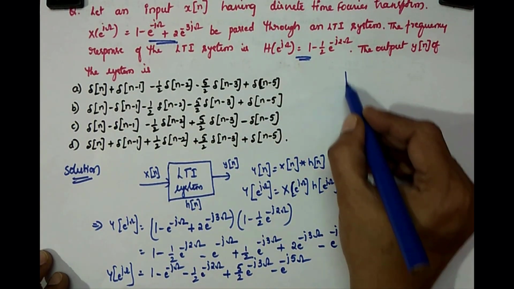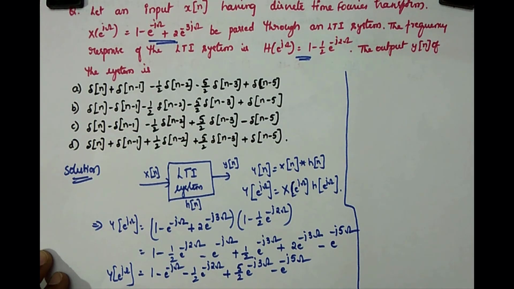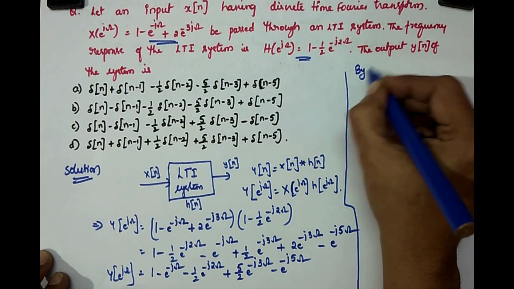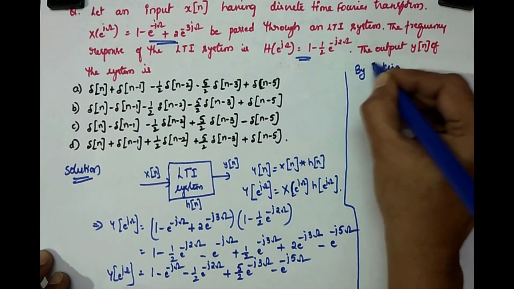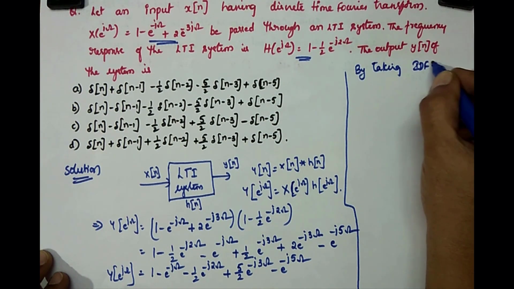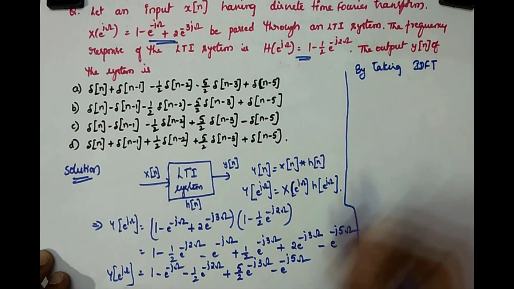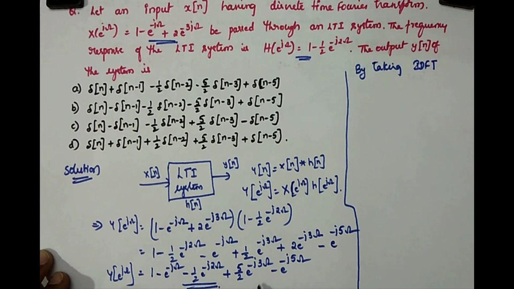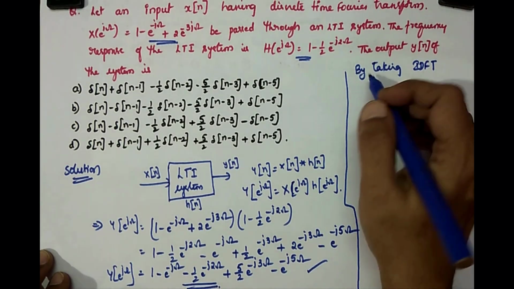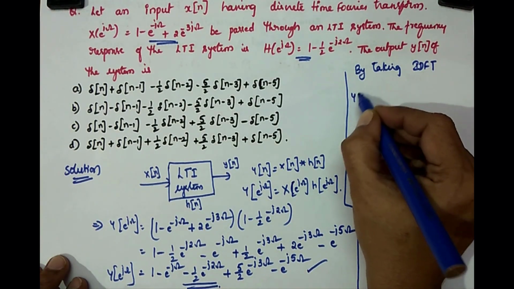Now, by taking the inverse discrete-time Fourier transform on this expression, we'll get y[n].